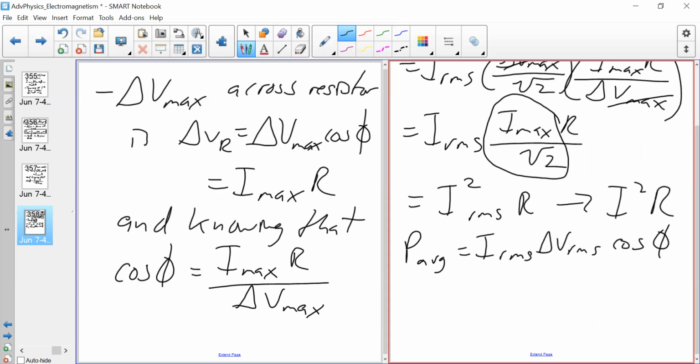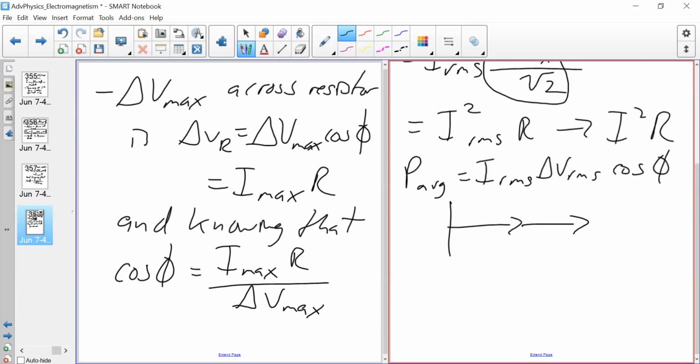So therefore, cosine phi goes to 1 when phi is equal to 0. So therefore, average power becomes I RMS delta V RMS, which we're familiar with, I delta V.